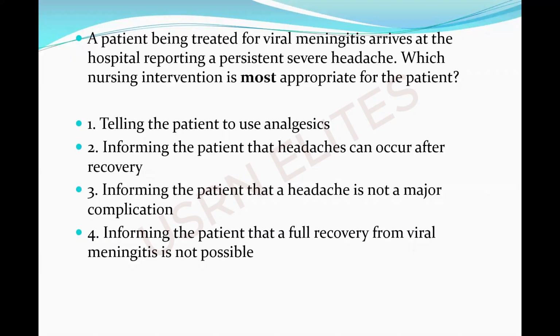1. Why 1? Okay. Sir, if you read the question, I choose 1 because it says the patient is reporting a persistent severe headache, and what you are going to do is relieve the patient's pain. The question says the patient being treated for viral meningitis arrives at the hospital reporting persistent severe headache. So I'm thinking that currently the patient's most important issue is the severe headache. And the question says which nursing intervention is most appropriate, so they are talking of intervention.